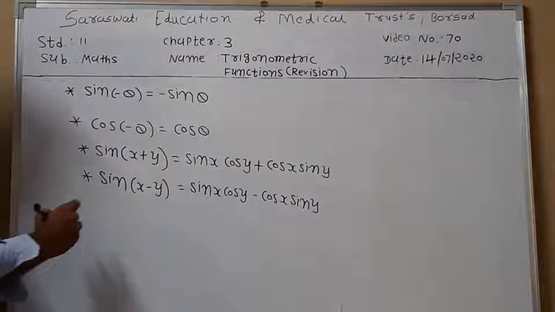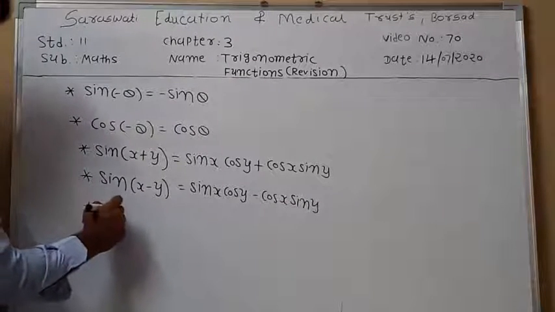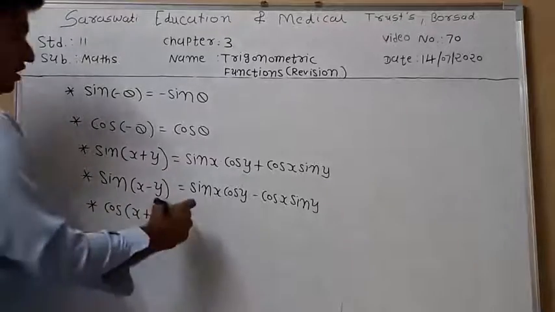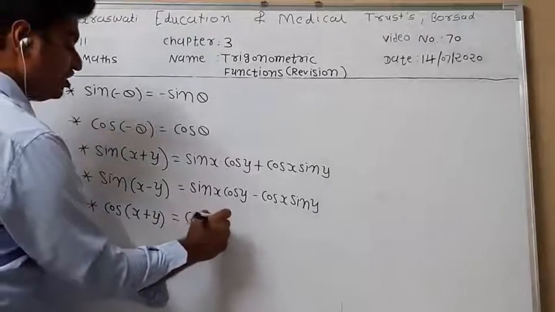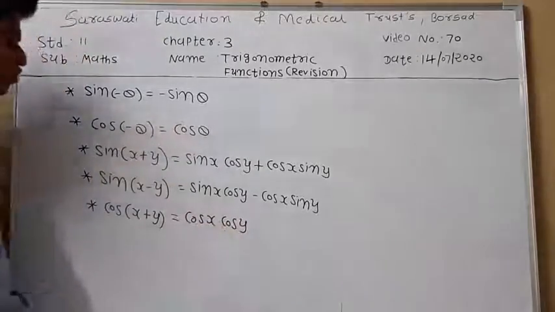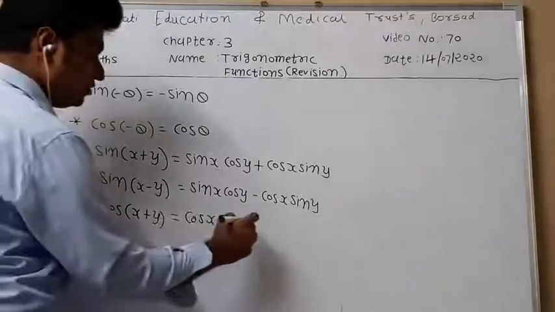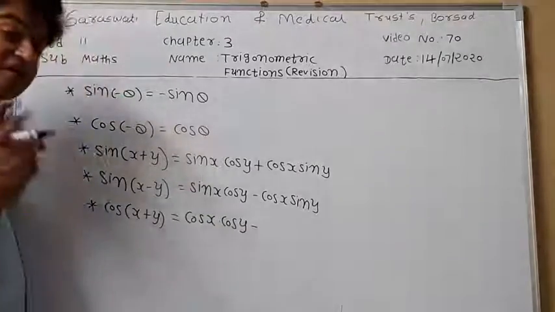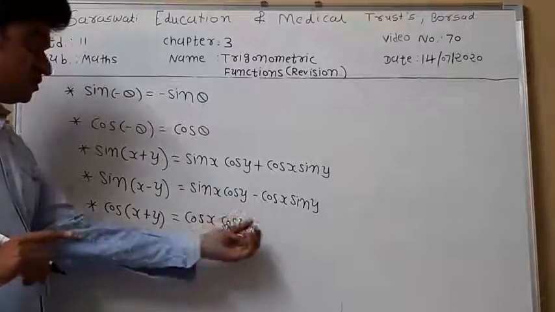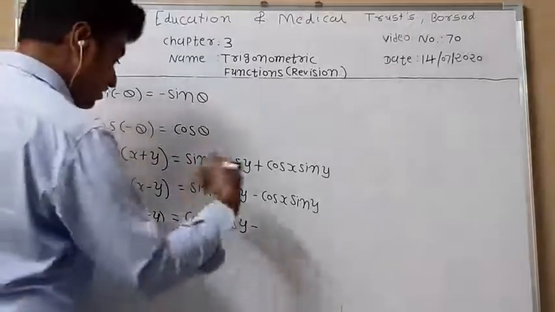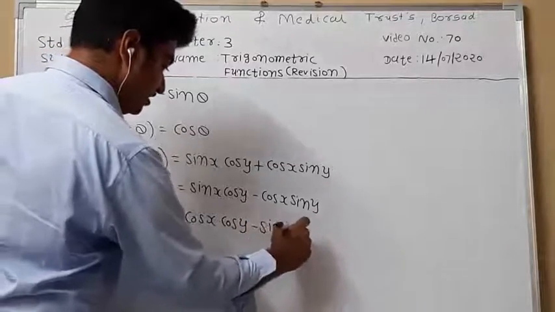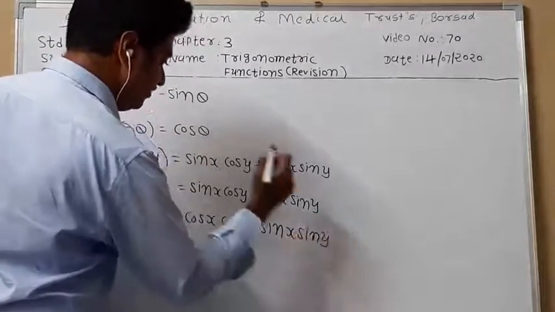Now cos of (x plus y). In the case of cos, on both places we write cos form: cos x into cos y, and since plus sign is present, we change the sign, so in between a minus sign, then sin x into sin y.